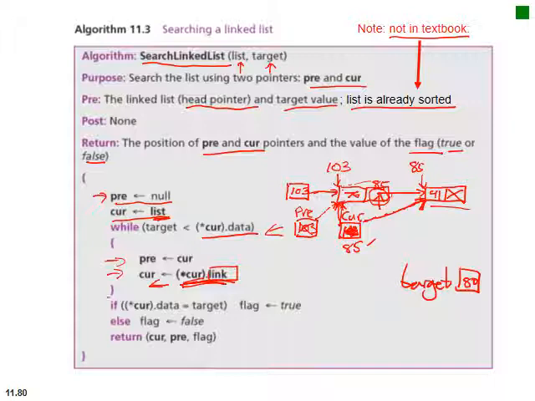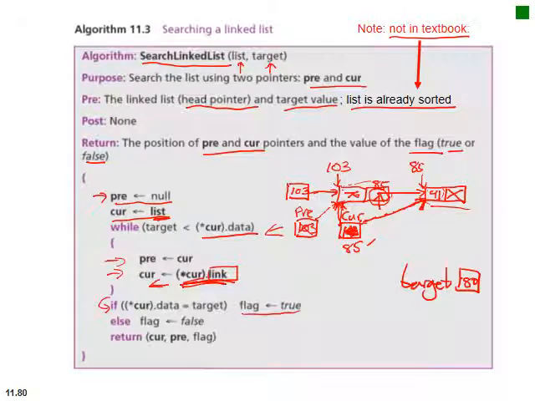So the while ends. Now we continue here, and we basically see if current data, in other words, current points now to this thing, current data is 91. Is that equal to the target? The target is 80, and this is 91, so no, it's not equal. So for that reason, this part does not execute, it gets skipped.